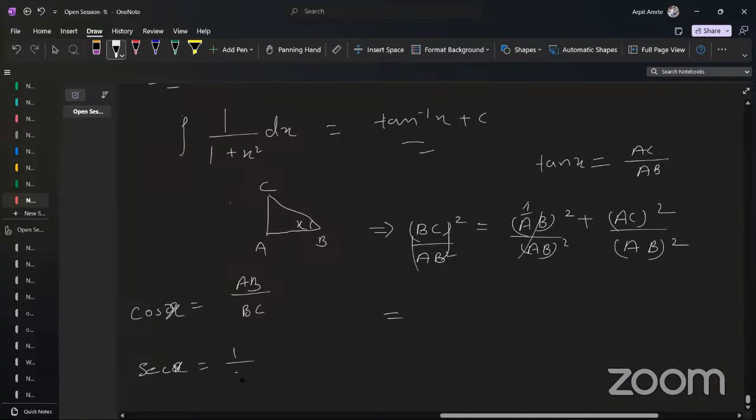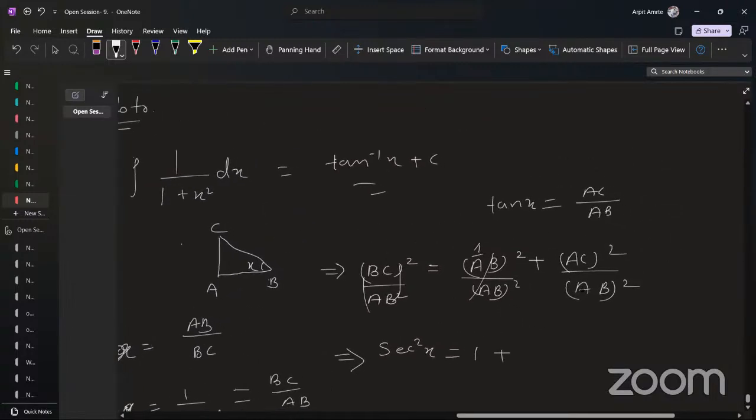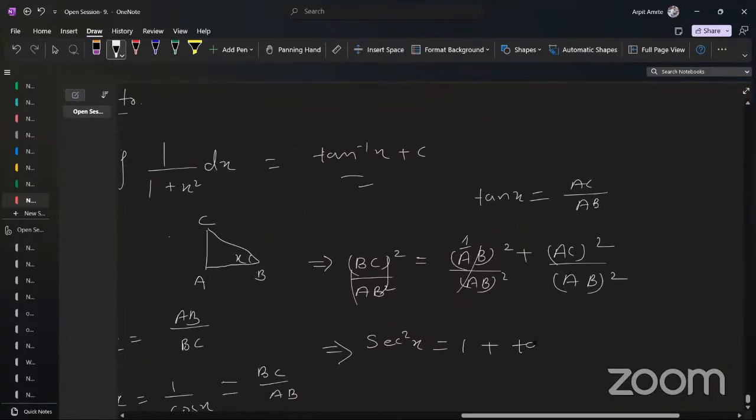Sec x is 1 upon cos x. So here this is sec square x, equals to this will become 1. And this is AC by AB square, it is tan square x.